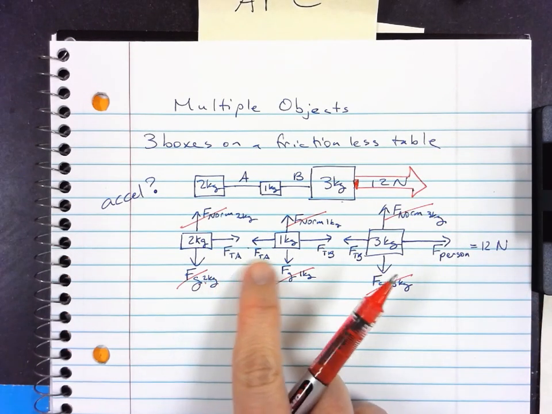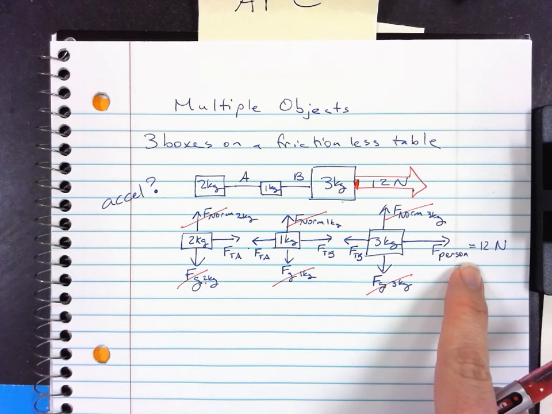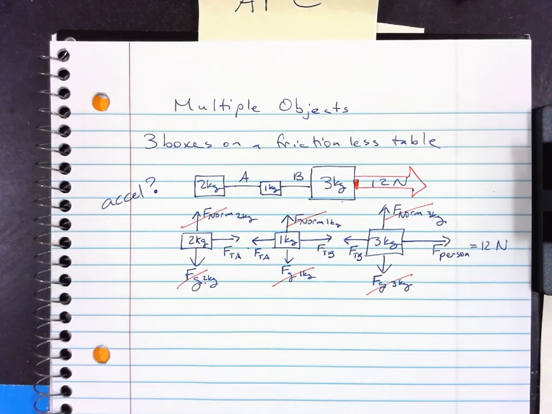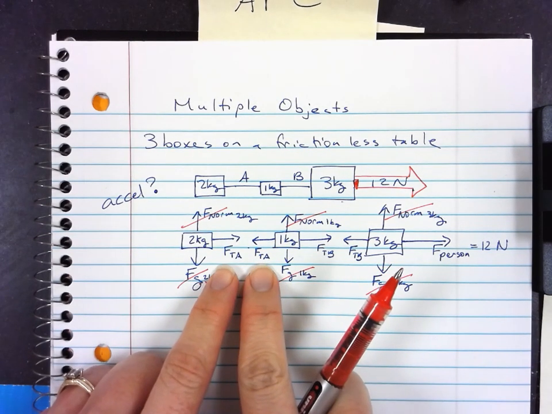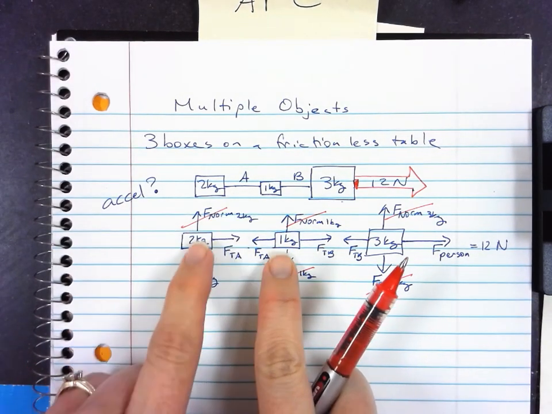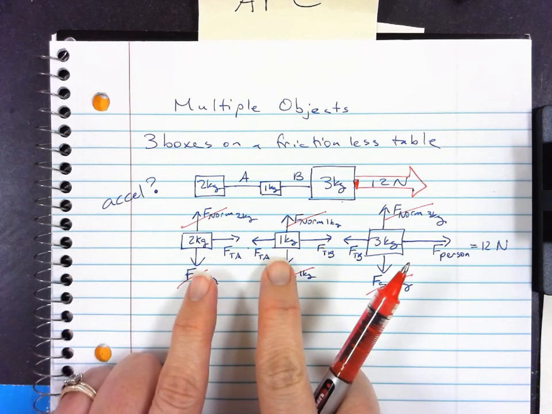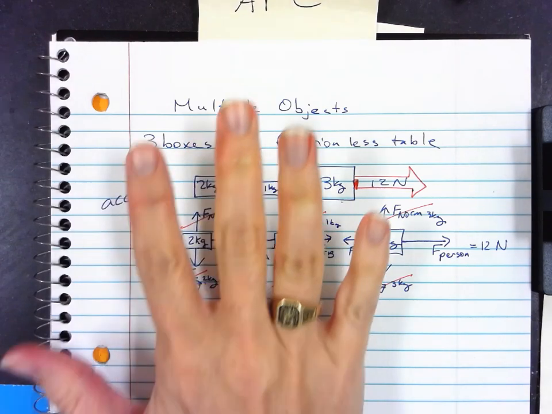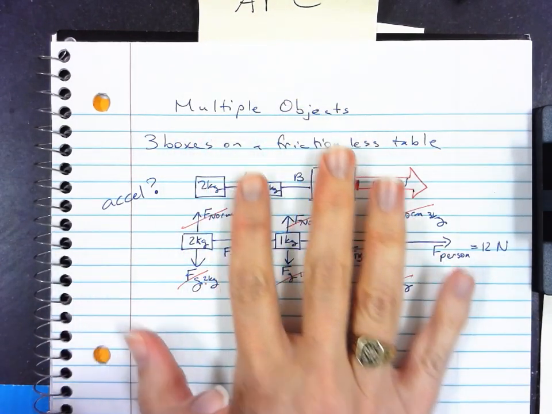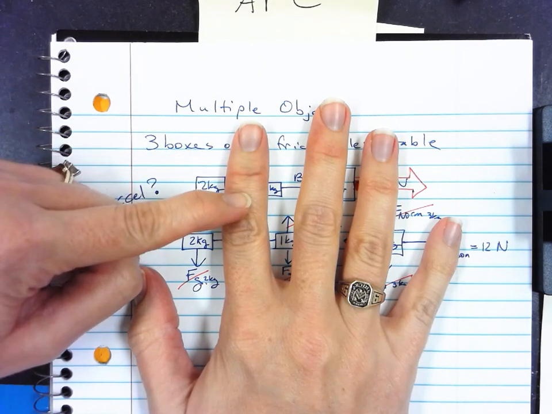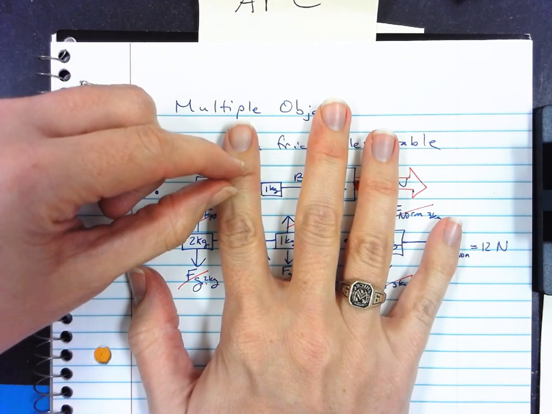So now I have these ropes, and then this person. Well, if I go big picture, these 2 forces are from this rope that connects these 2 objects. This is not that different than talking about, say, my hand. I could talk separately about this part of my hand and this part of my hand, but they're connected by muscles in a joint.